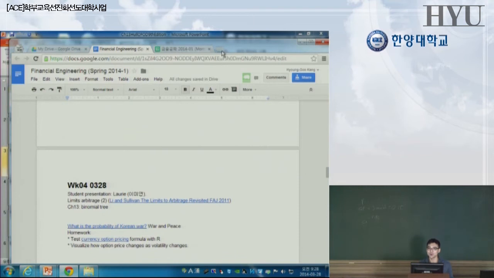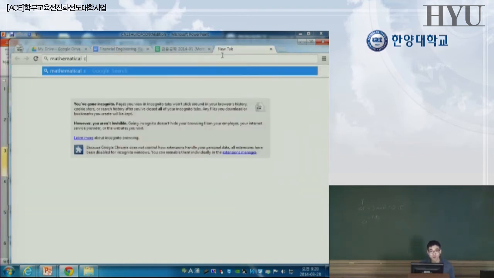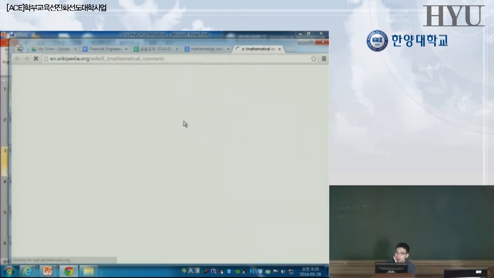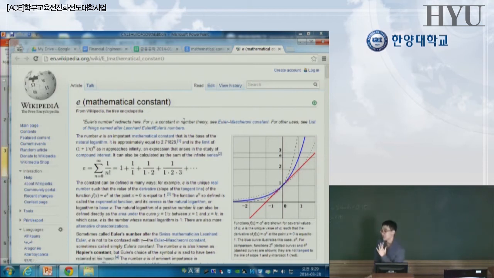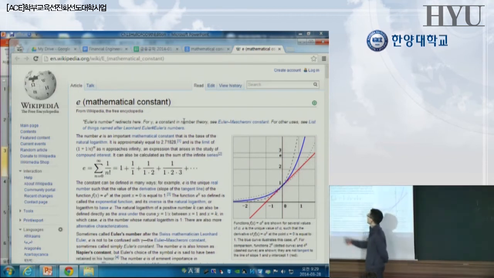E equals the mathematical constant, or Euler's constant. The definition of E is simple. E is the sum of 1 plus 1 plus 1 over 2 and so on.